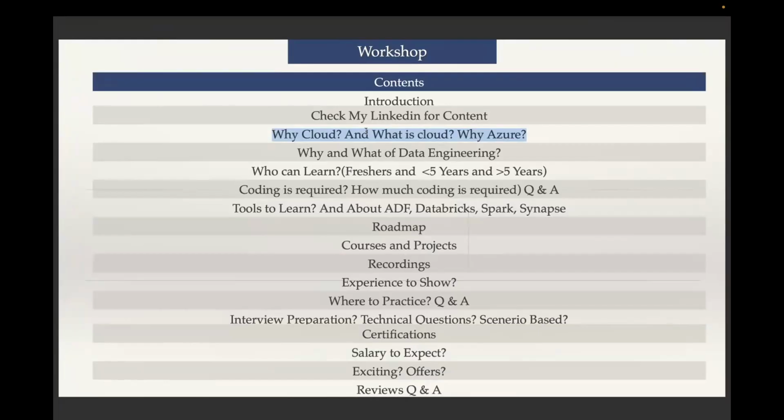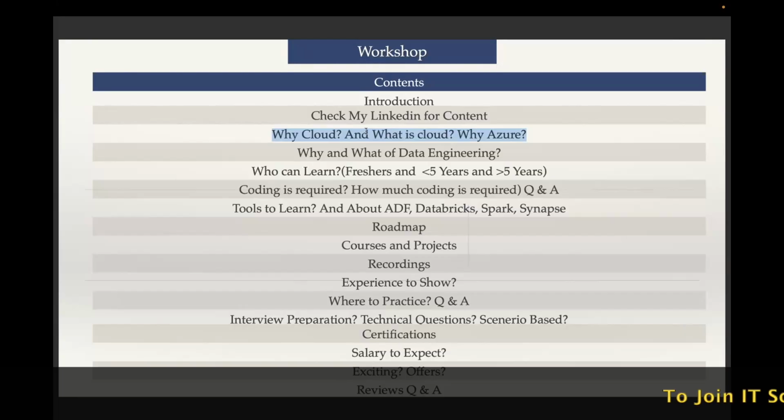Now Ramesh asked, hey Abhishek, I am a fresher, so how should I start? If I have 5 years of experience, what should I learn? Or if I have 10 years of experience, what should I learn? So let's try to understand that now. To cater to that, we have different courses which you can opt for.